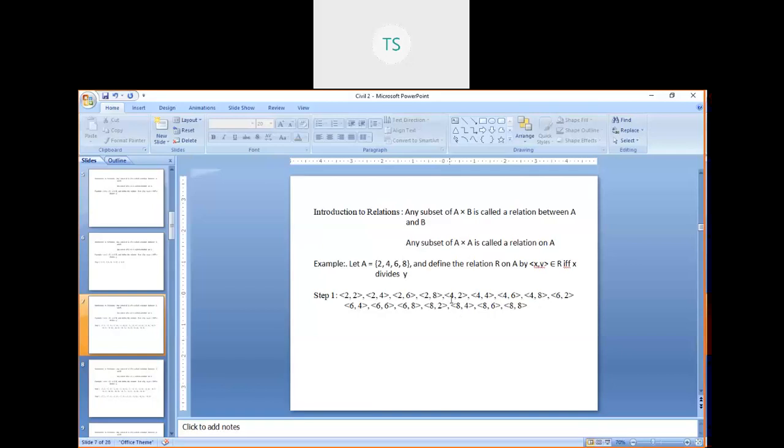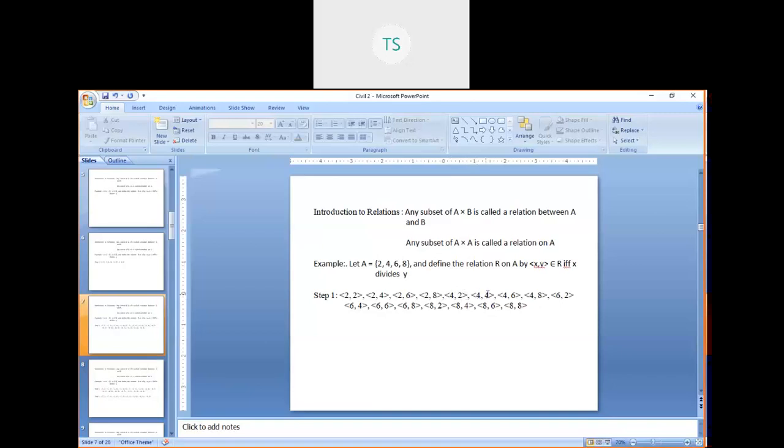I need a whole number, not a fraction. So I will not include this 4, 2. Is it clear why I am not including this? I will exclude 4, 2.